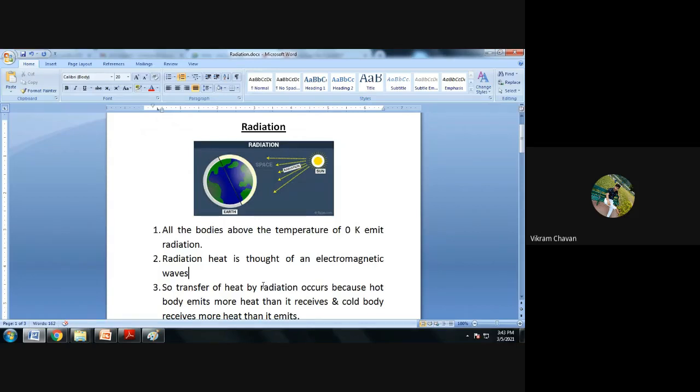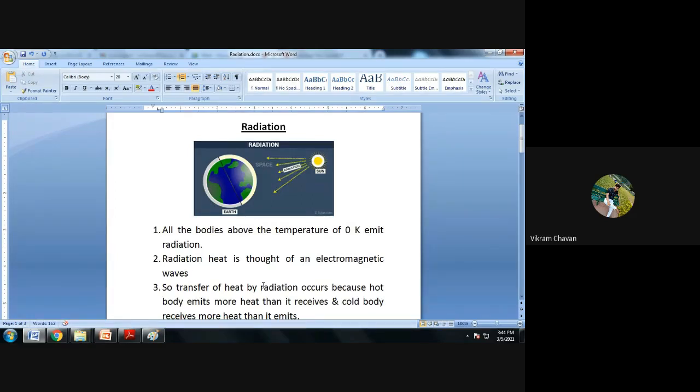In another sentence, less heat will be received by the hot body, whereas more heat will be received by the cold body because of radiation heat transfer.